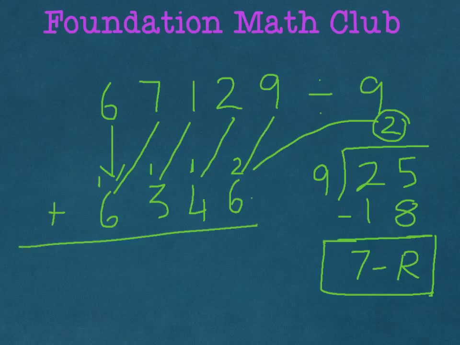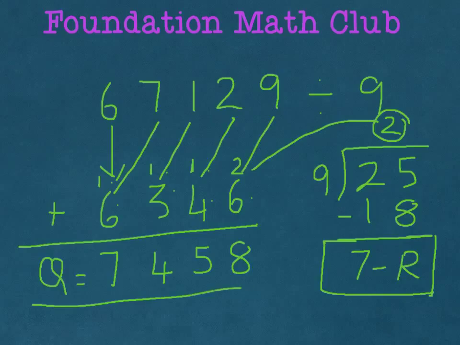Let's add our numbers. 6 plus 2 gives us 8. Then 4 plus 1 gives us 5. 3 plus 1 gives us 4. 6 plus 1 gives us 7. So the quotient in this case becomes 7458.